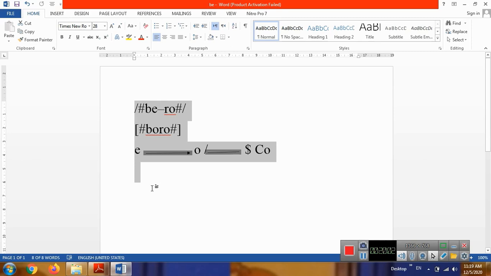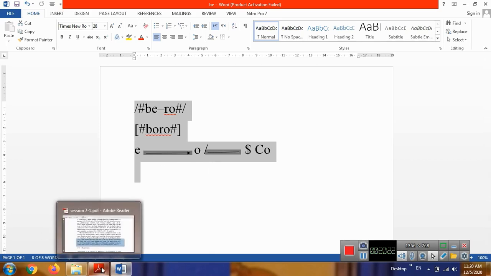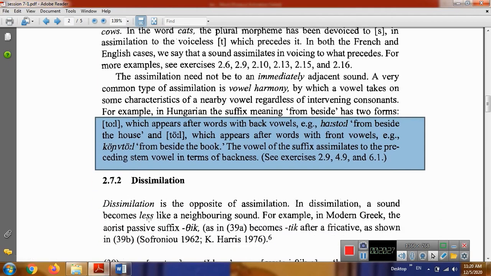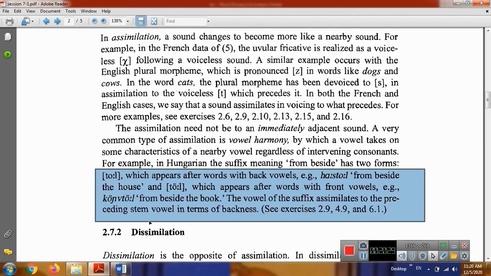You can search vowel harmony in Arabic, for example, and see the Arabic data or assimilation in Arabic. There are so many articles about assimilation and vowel harmony in Arabic. You can search these rules on the internet and read the articles to better understand them.